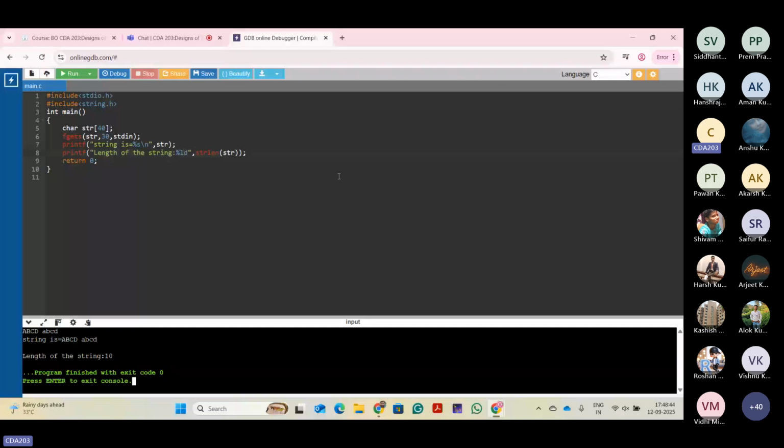And now we need another thing, which is called a pointer. I'll just show some applications because I don't have much time.